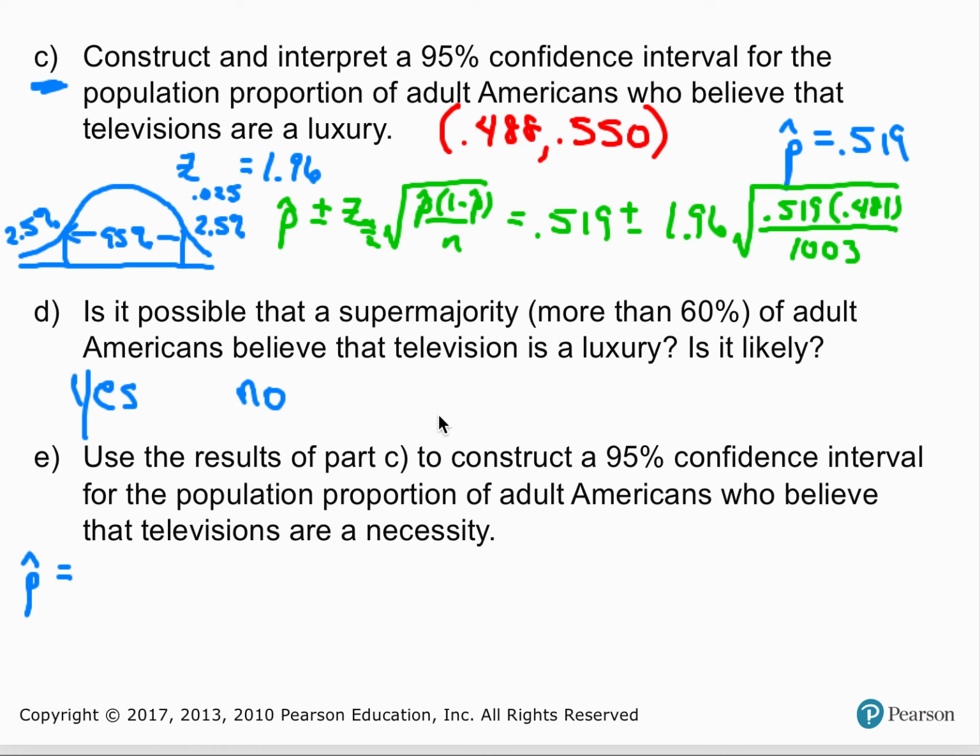Let me see if I can, 1,003. Okay, so it's going to be that number, whatever it was, over 1,003.